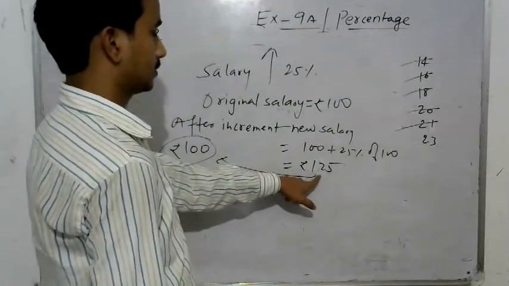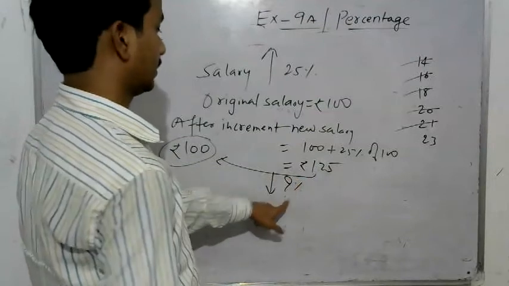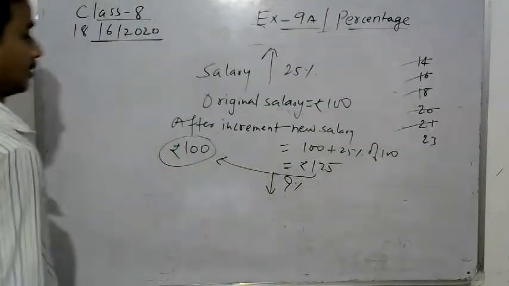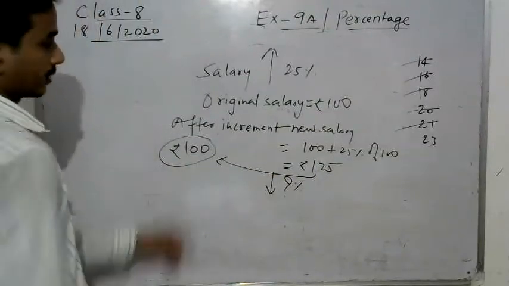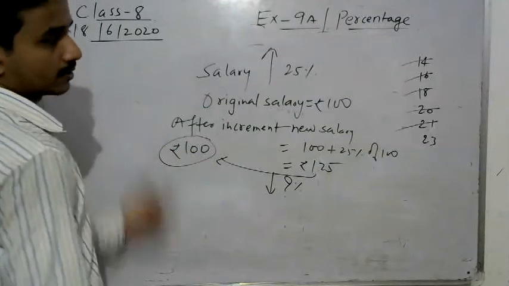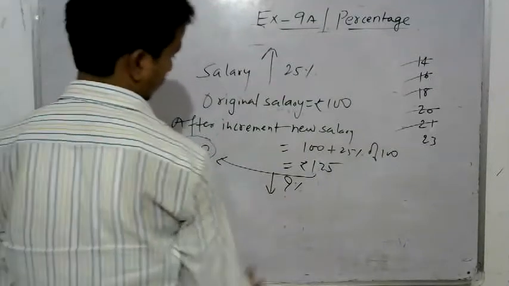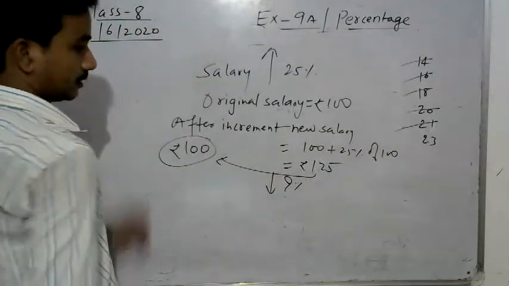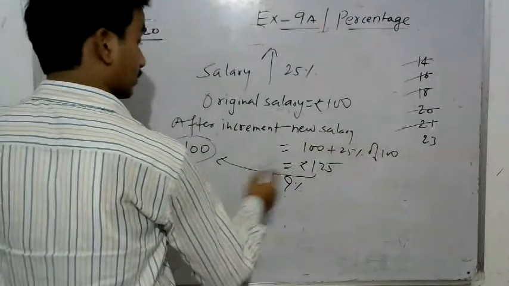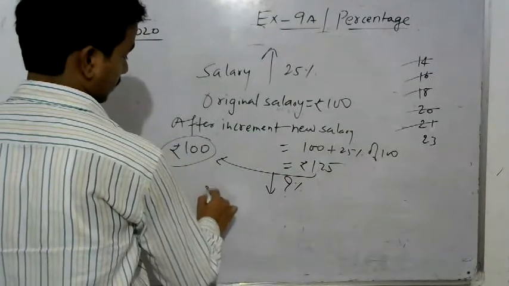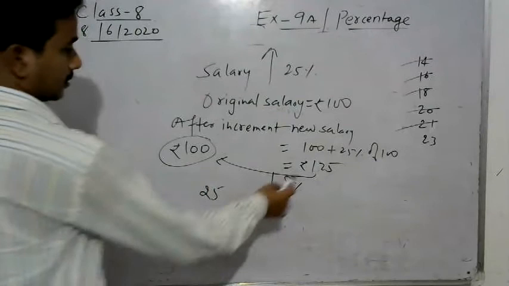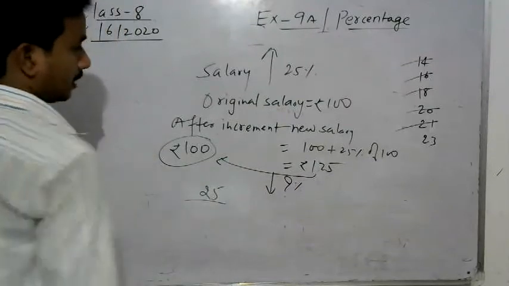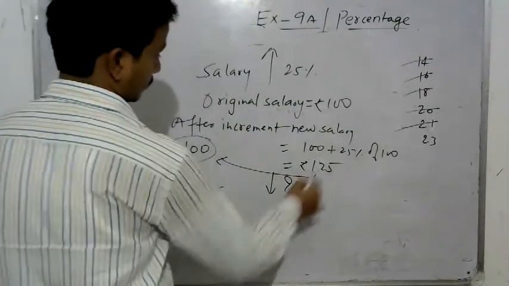By how much percent should the salary be decreased so that the new salary will become the original salary? So here, what is the decrement in the salary? The decrement is 125 minus 100, that is 25.